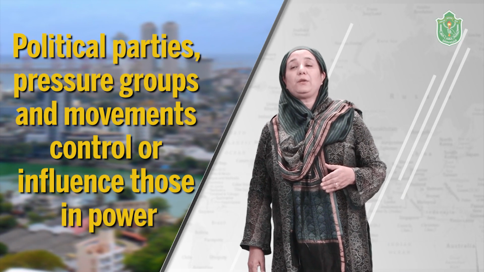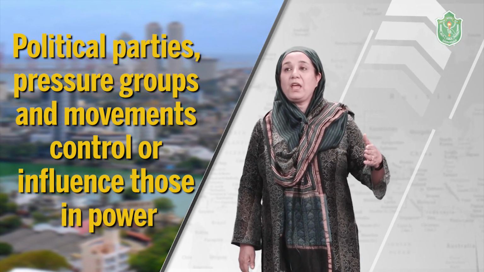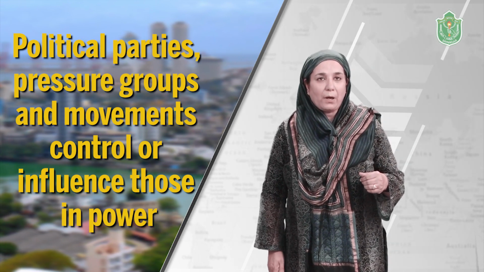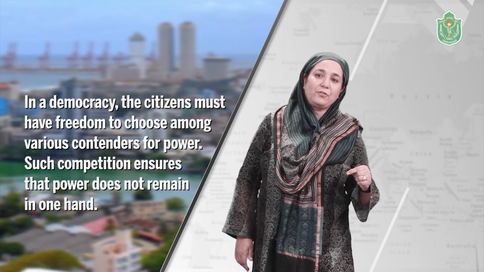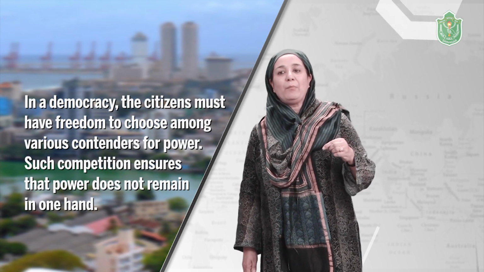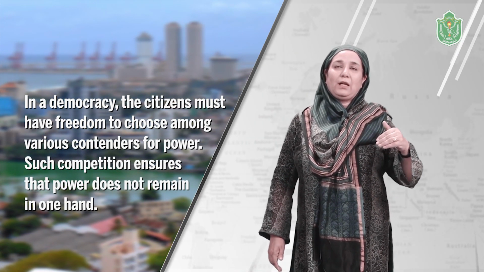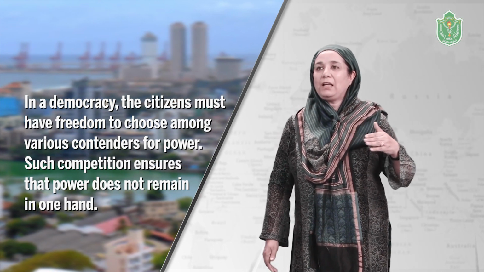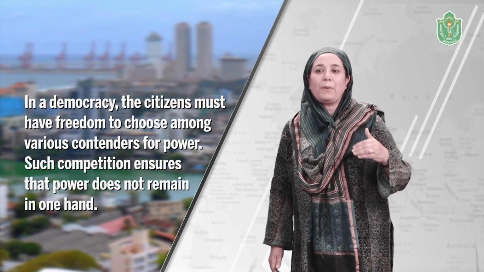Now, political parties, pressure groups, and pressure movements also influence people who are in power. Children, we know that in a democracy, citizens must have the freedom to choose among various contenders for power. In contemporary democracies, children, this takes the form of competition among different political parties.